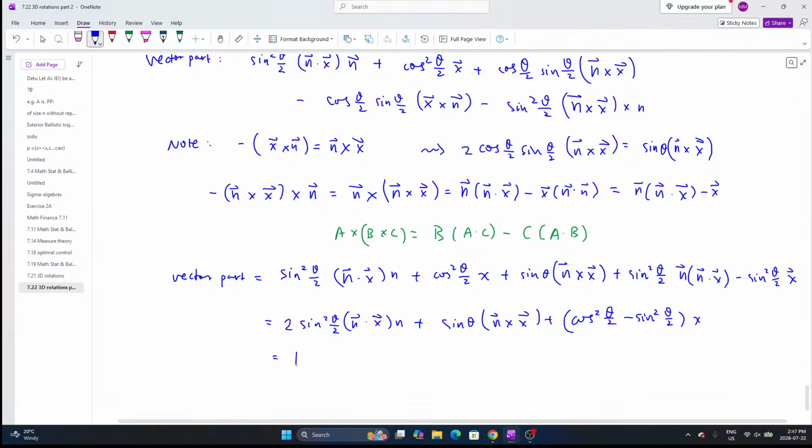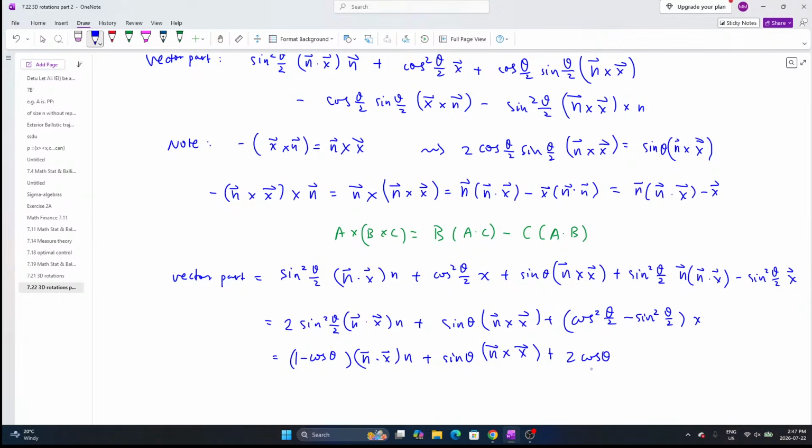The first one is 1 minus cosine theta times N dot X times N. Sine theta times N cross X.